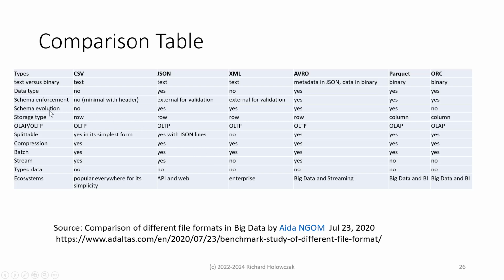But you can see in this example what the data type is, if the data types are stored within the file, how the schema is enforced or not, what orientation of storage it uses, either row or column, whether or not the file is splittable, compressed, whether it's useful for batch and or streaming, and whether the data is strongly typed or not, and finally, what ecosystems you might come across that make use of these. So it's a handy comparison chart.